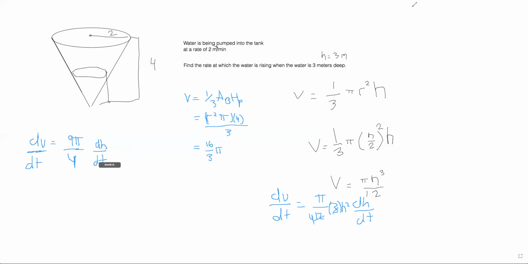Oh, wait a minute. We know the derivative of the volume with respect to time. It's 2 meters cubed per minute. Okay.